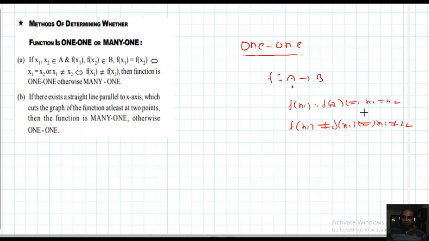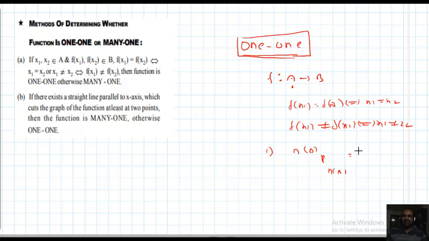What is the graphical test for one-one function? This is important. Before that, the number of one-one functions from A to B is n(B) P n(A), permutations.